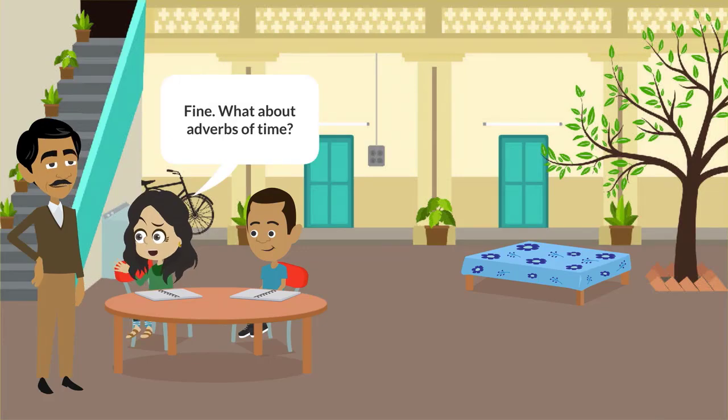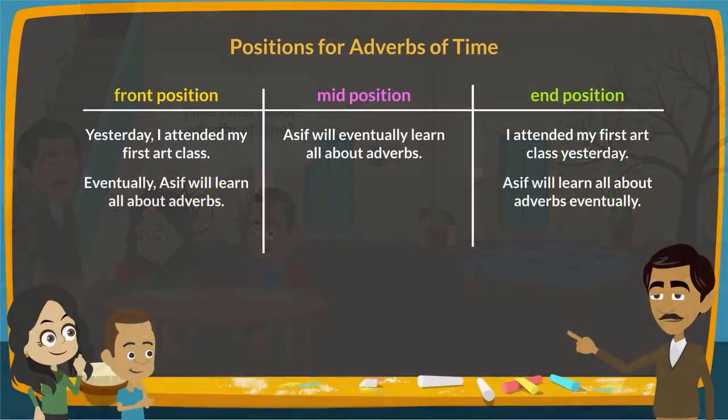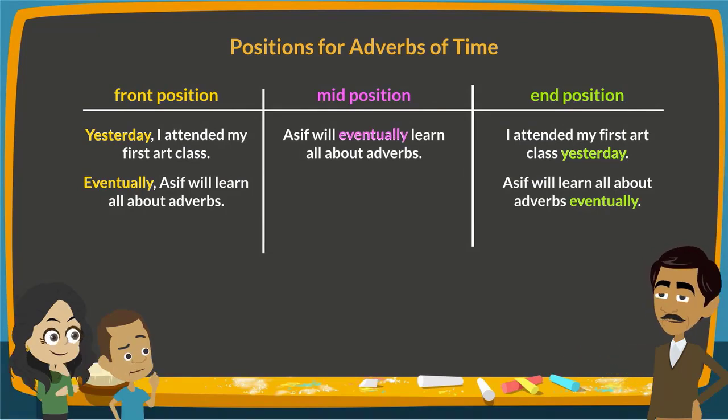Fine. What about adverbs of time? Most often used at the front or end positions. Sometimes you can use them in the mid position as well, but very rarely. Wait a minute. In the last sentence, you placed the adverb between the verb and its object. No, I placed it between the auxiliary and main verb.